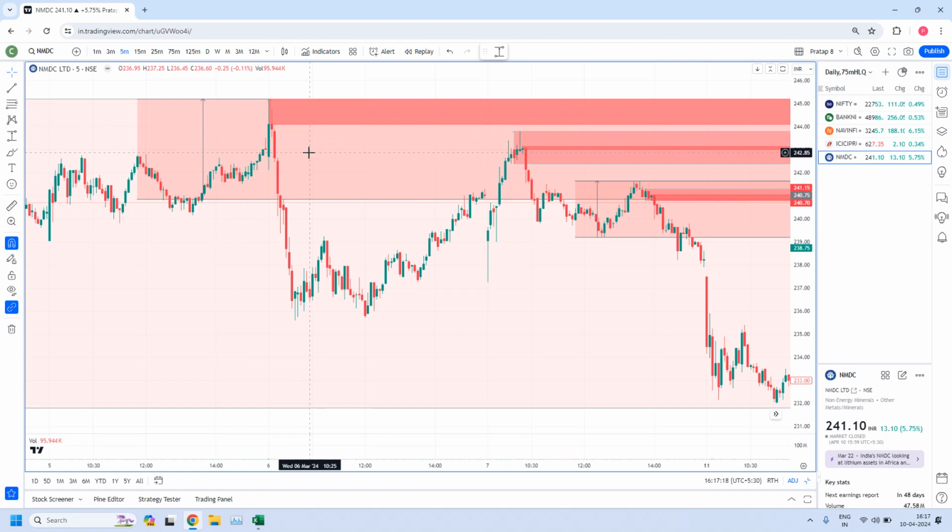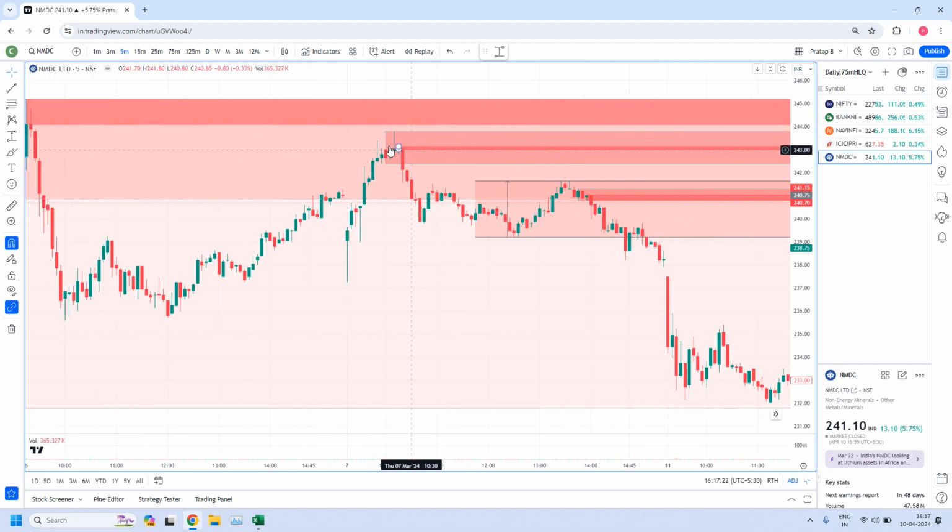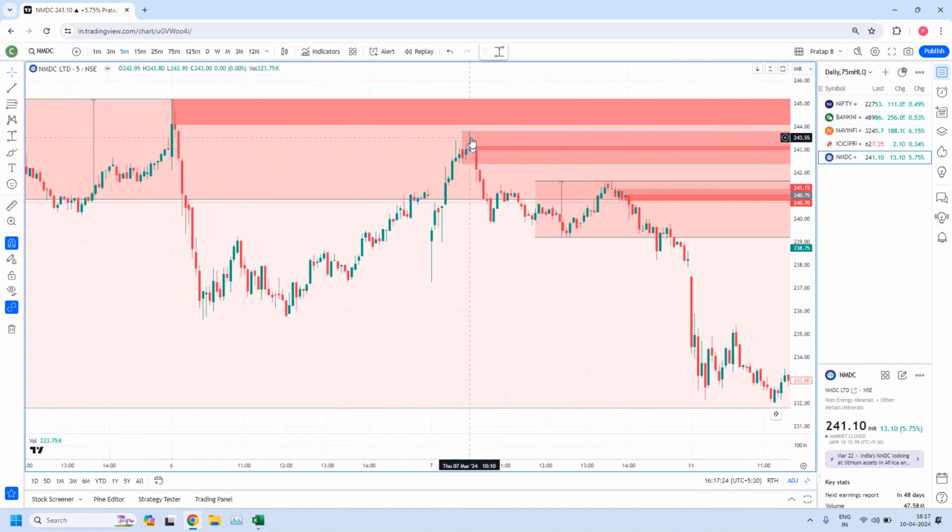But aggressive trades should be supported by some price action clues. What is the price action clue here? Rejection. Prices came very close to this zone, but they didn't reach up to this fine-tuned area. And moreover, this is having enough risk here. So definitely there will be some good order flow.